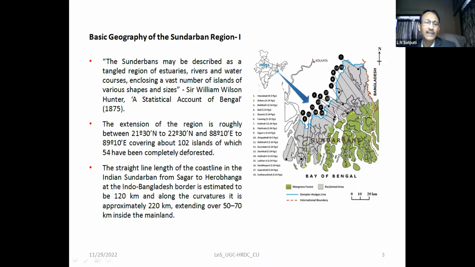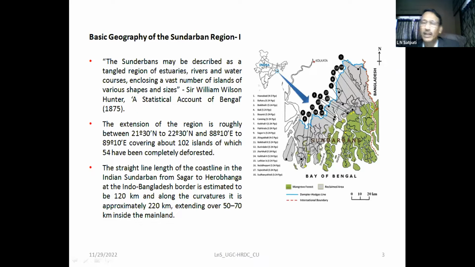And here there are very long embankments. These embankments were created when the lands were reclaimed by clearing the forests, because lands were inundated almost twice a day because of these tidal activities.